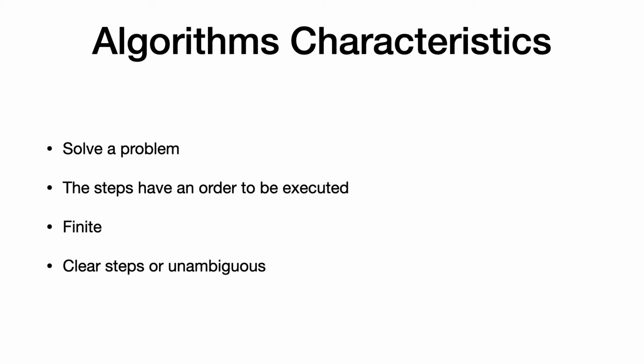Also, the steps must be clear, very clear and unambiguous. So the steps have to be well defined. Everyone has to understand what is required to execute each step. As an example, you cannot have a step that says calculate the perimeter. You have to specify how to calculate it.